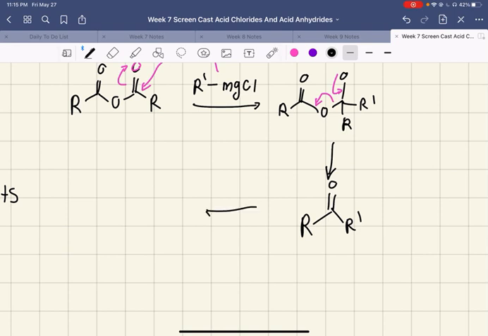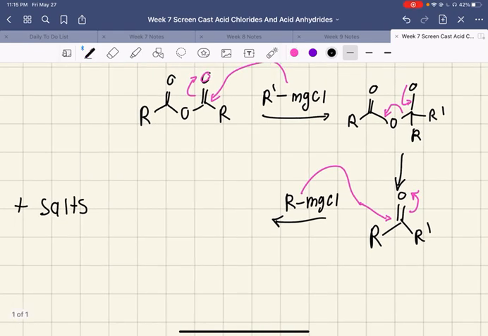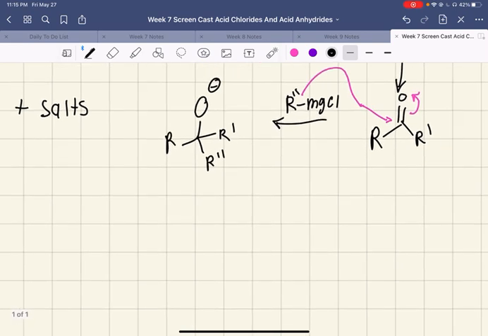So in a second equivalence of Grignard, the same thing will occur, the nucleophilic attack, and then this will be the next intermediate. Or we can use R double prime too, because that'll make it more clarified.